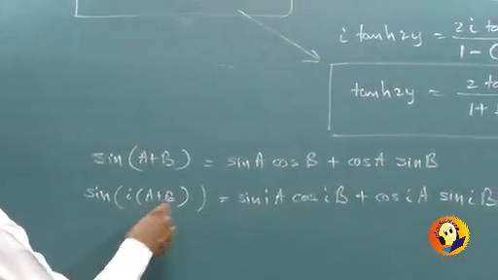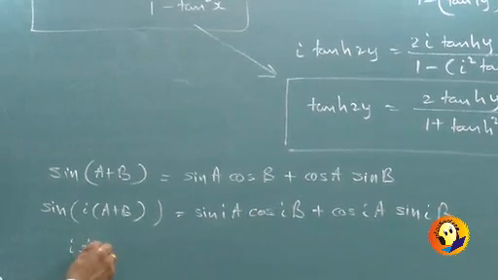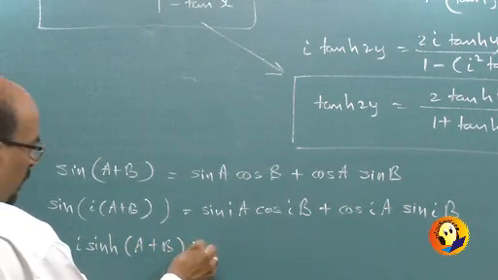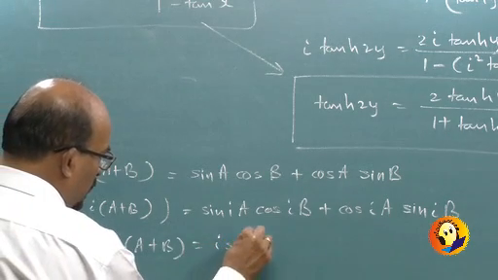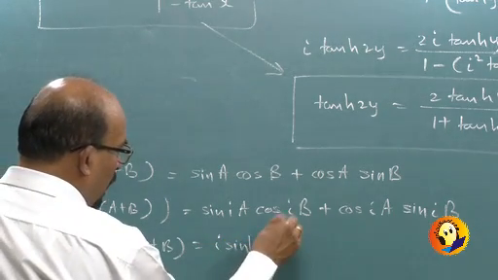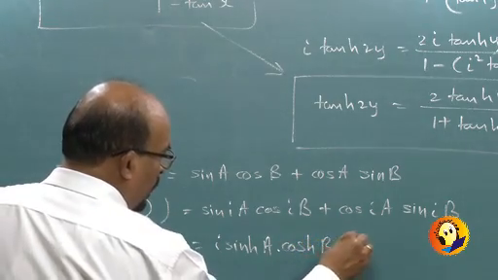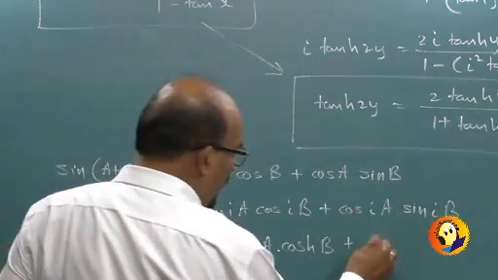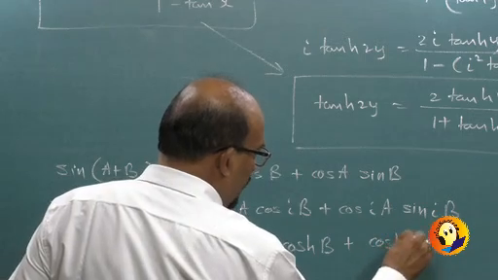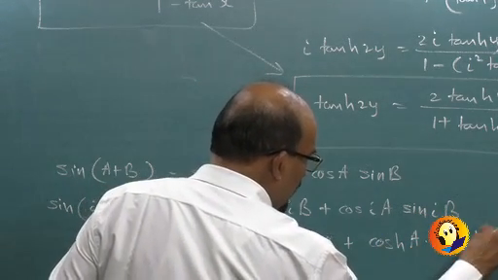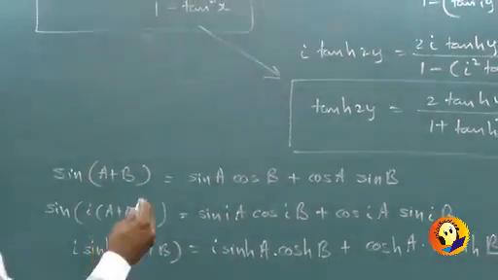Sin of i into a plus b is i sin of a plus b. It will be i sin A, cos ib is cos B, plus cos ia is cos A, and sin ib is i sin B, and i cancels throughout.